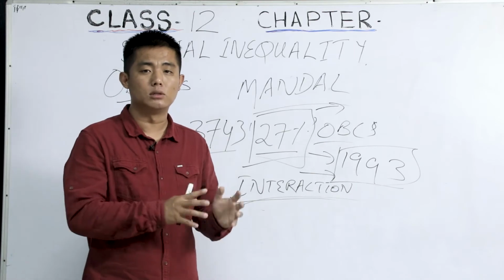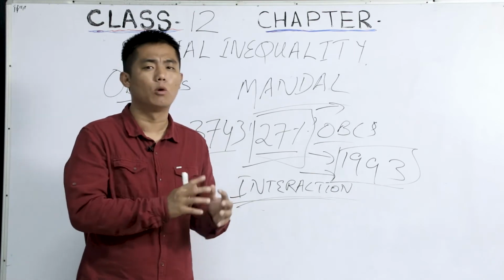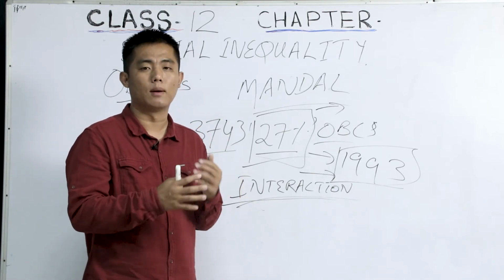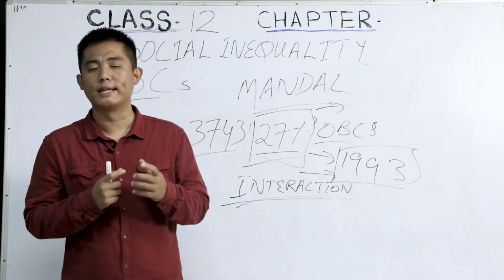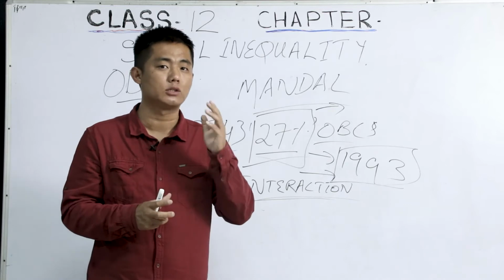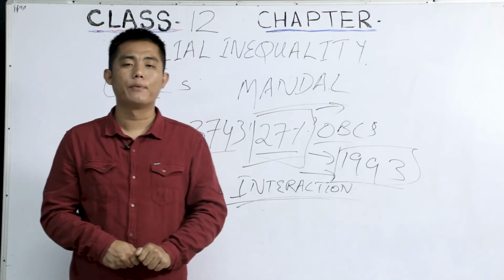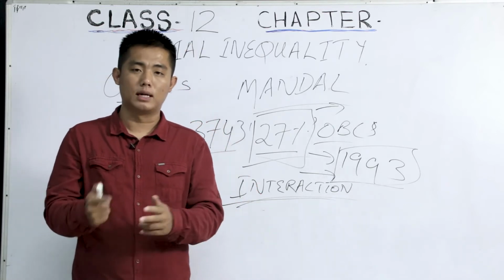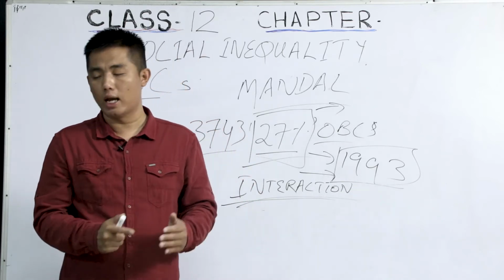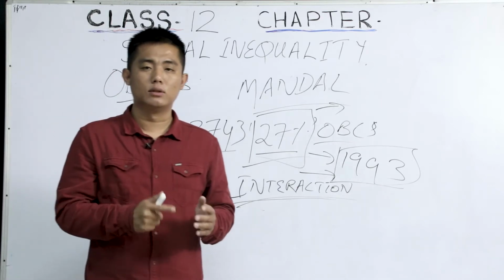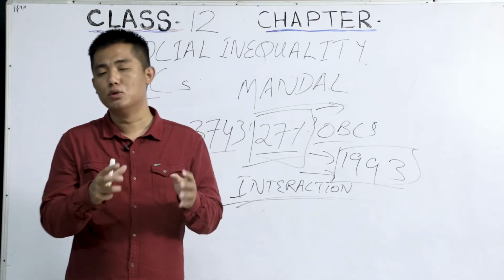Now the children of these OBCs are doing much better, and that is the reason why they could compete with the upper caste. Thus, these are some of the reasons why we can see some social issues in our society. Between the OBCs and the forward caste, we can see some clashes.